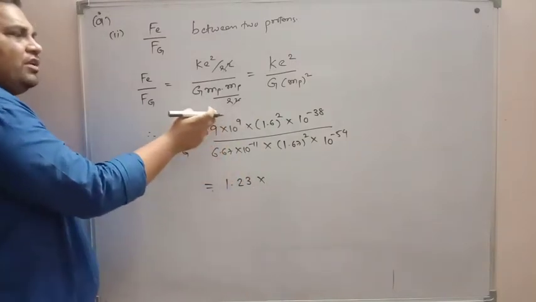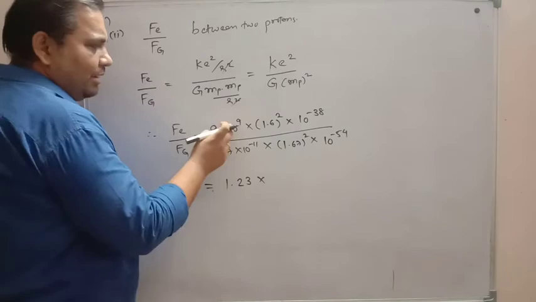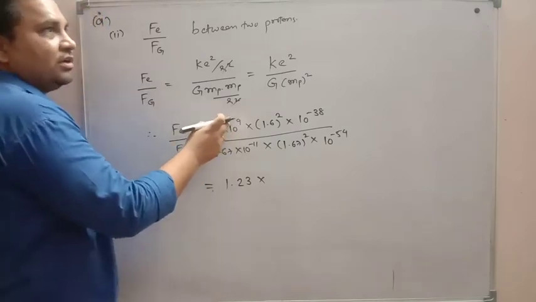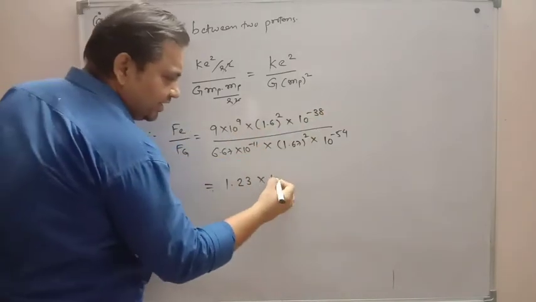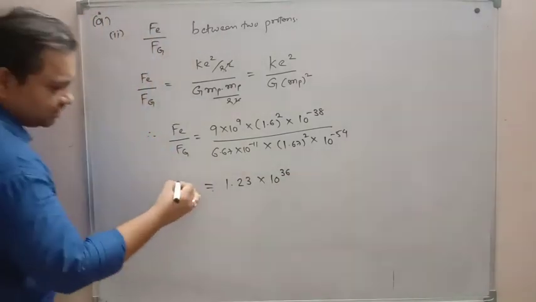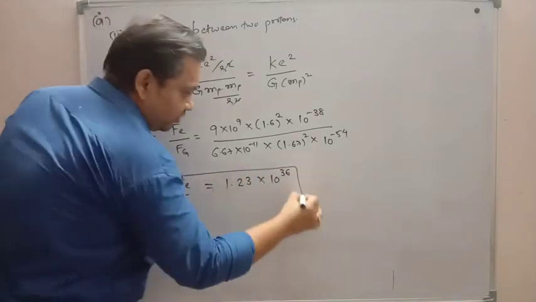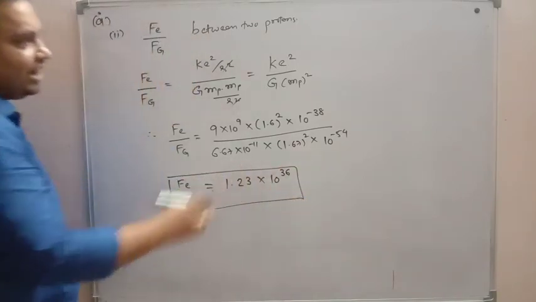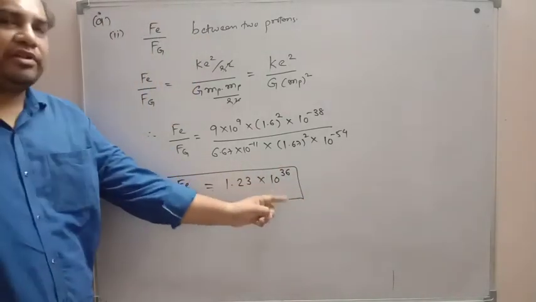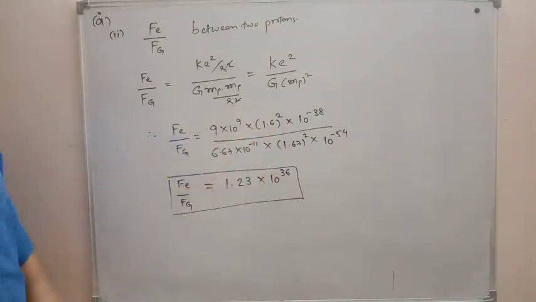Minus 65 will go up, so 65 plus 9, 74. 74 minus 38 is 10 power 36. So this is the value of Fe by Fg for two protons. The electrostatic repulsion is 10 power 36 times greater than the gravitational attraction between two protons.